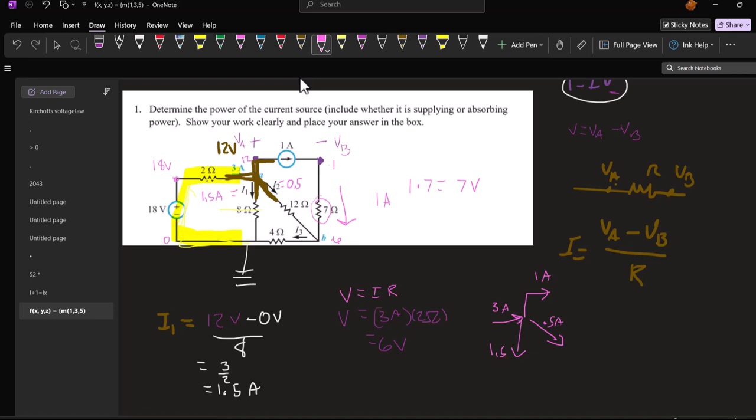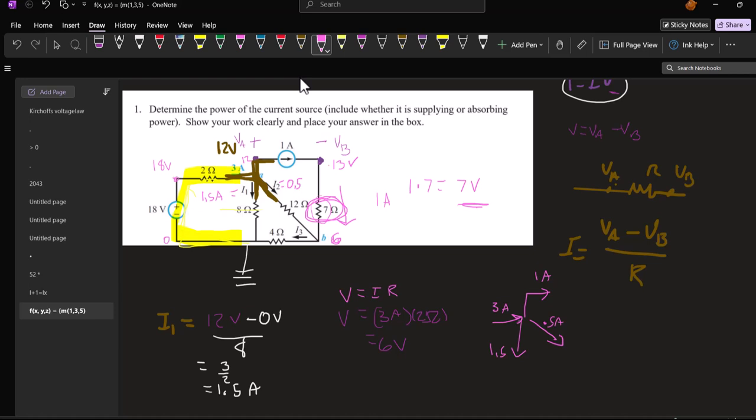So I have to be at 13 volts right here, because the voltage change across this resistor has to be 7 volts. Because the current is 1 amp, 1 times 7 is 7. So if this side is 6, then this side has to be 13.